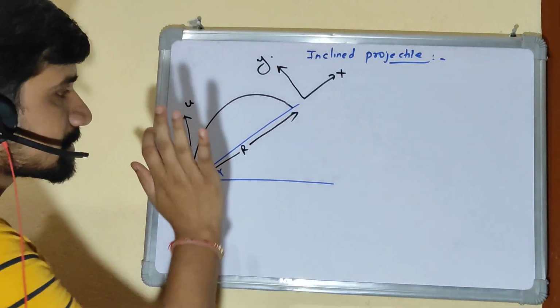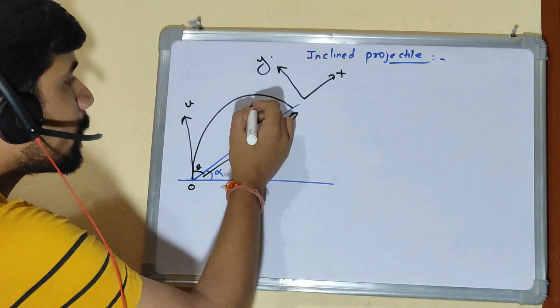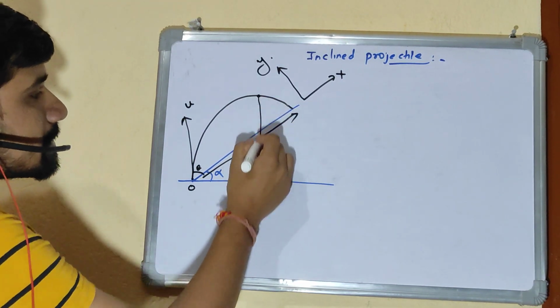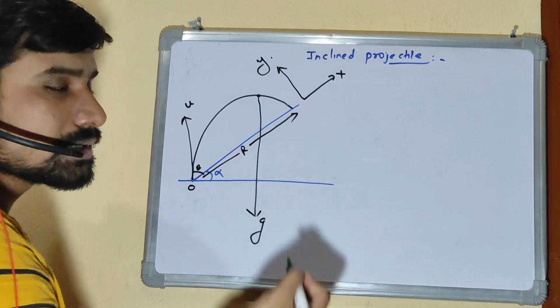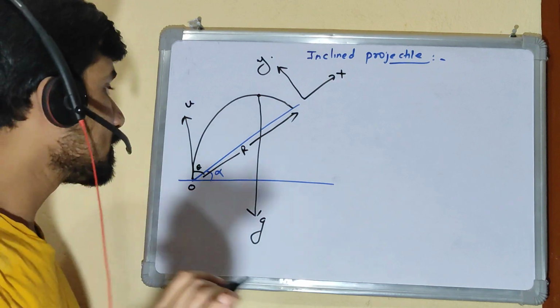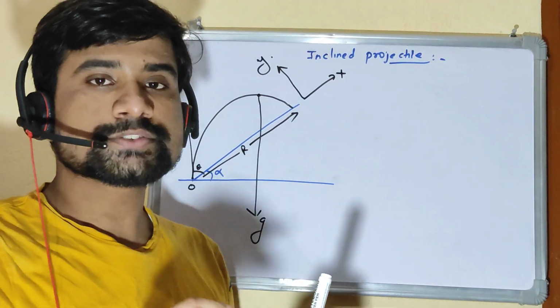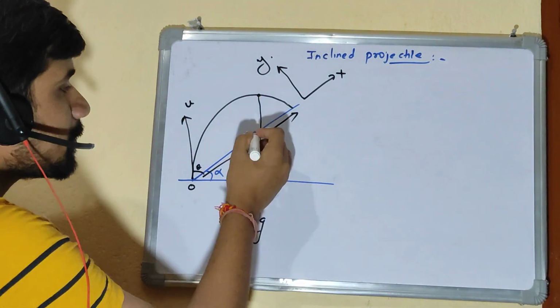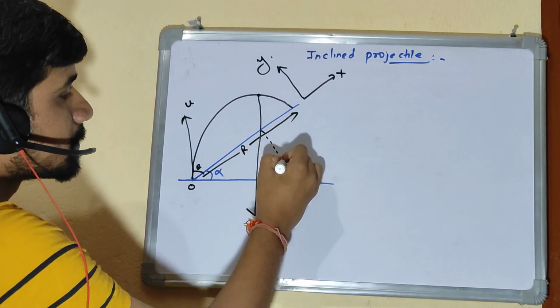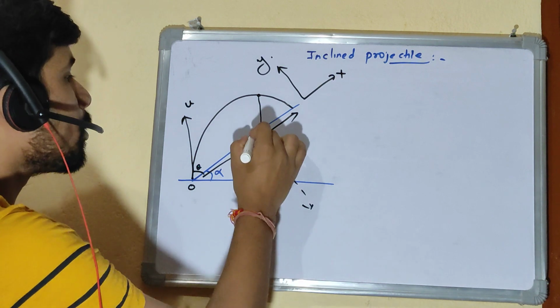This will be the maximum height, right? At any point, the only acceleration is g along the earth surface. This is very clear, right? But if I take components of g, there are two components of g.